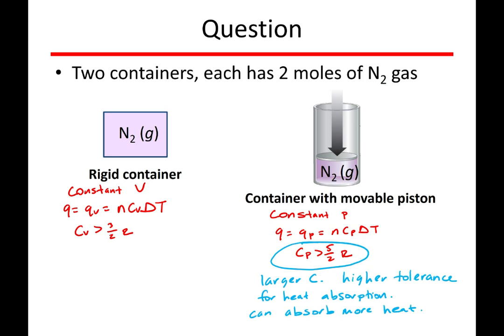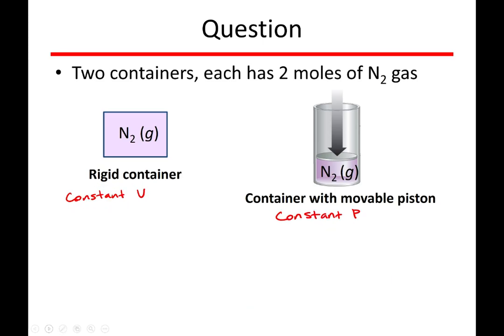But I think that it's also helpful to get a conceptual basis for why it is that you have a higher heat capacity when you heat the gas at a constant pressure. To do that, I'm just going to wipe the slate here so that I have room to write out another way that you can approach this problem.